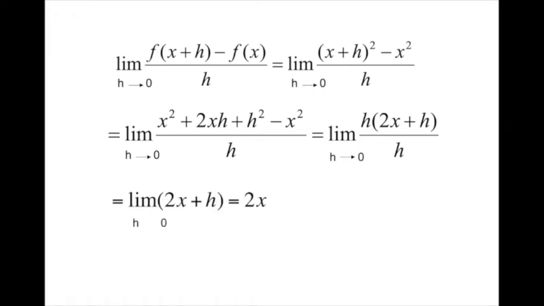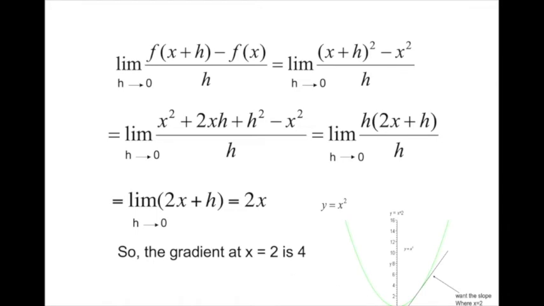Therefore, you end up with this general expression to find a slope at any point on the curve of x squared. So the gradient at x equal to 2 is 4.